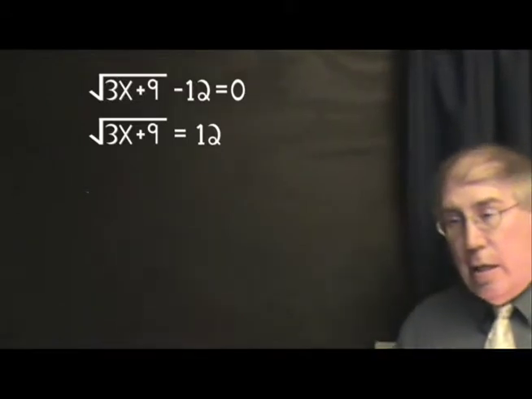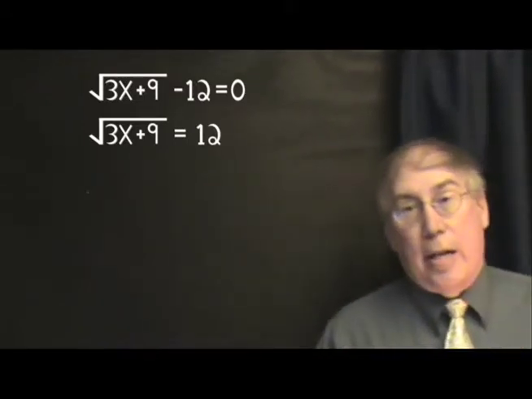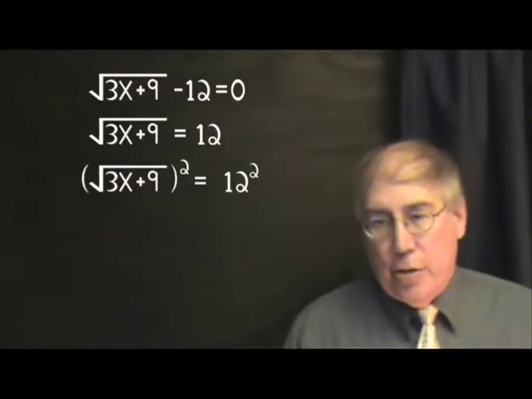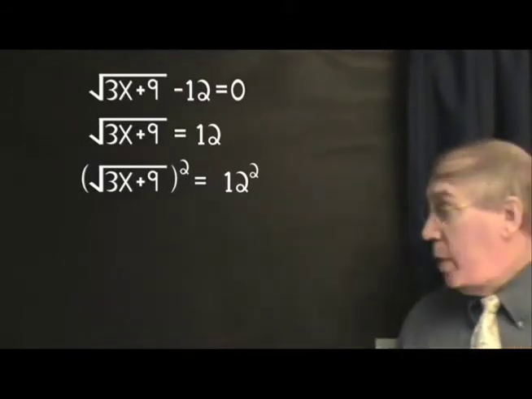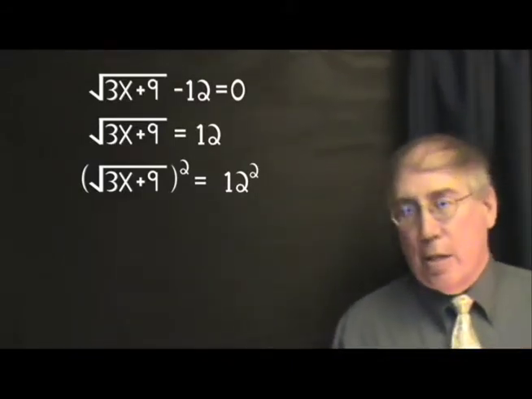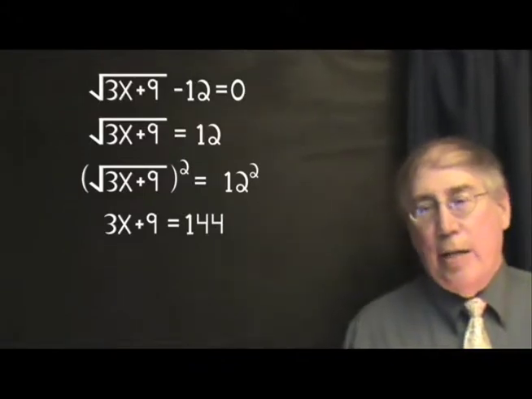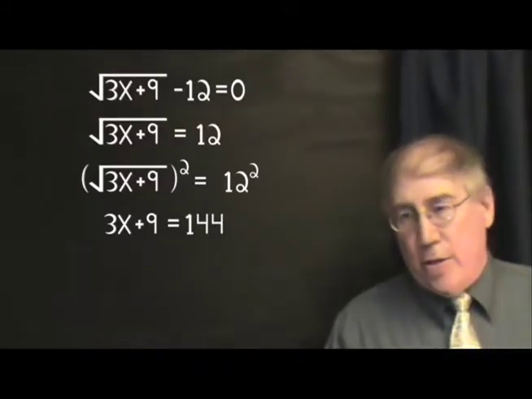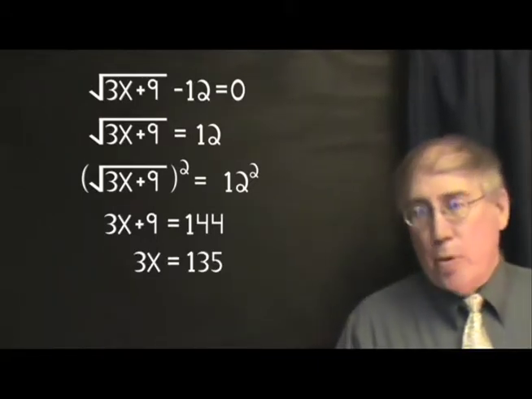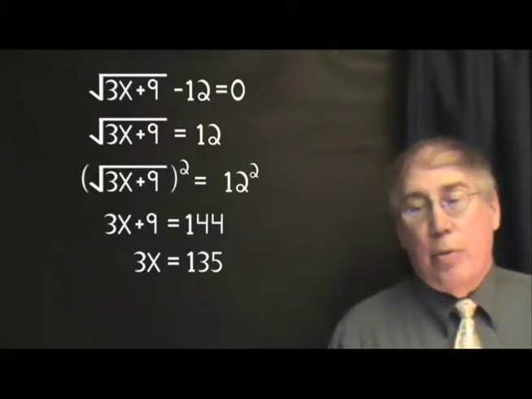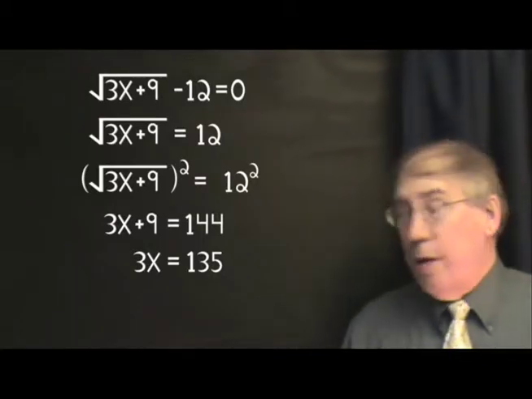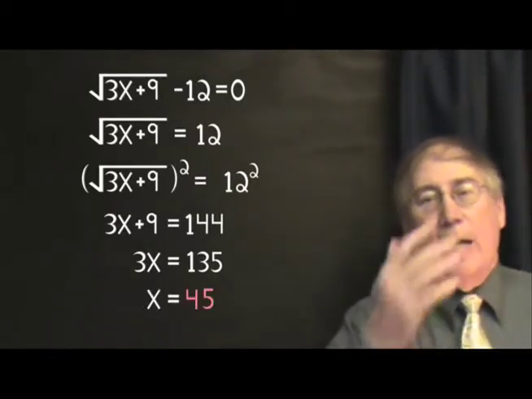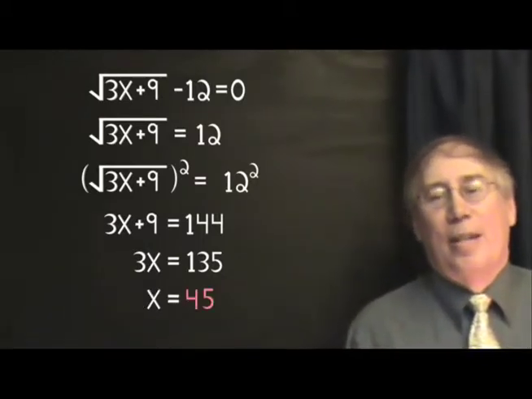Now let's square both sides like we've been doing, and so the left hand side will just become 3x plus 9, and the right hand side will become 144. Now let's subtract 9 from both sides, and we'll get 3x equals 135, and finally x will equal 45.